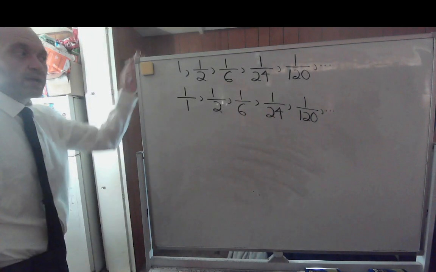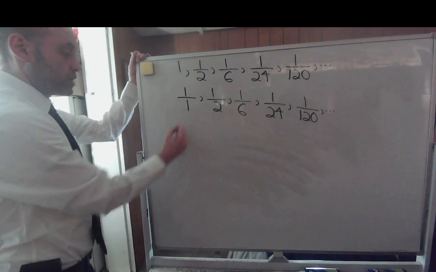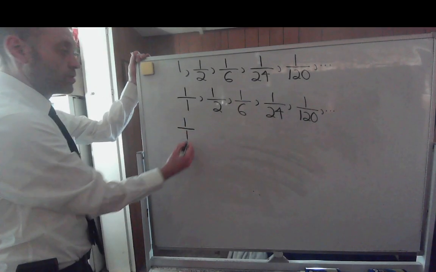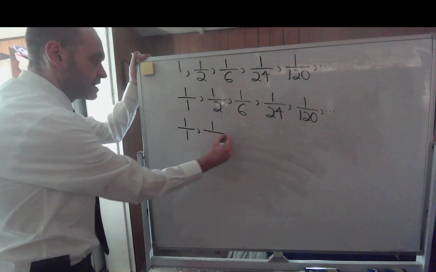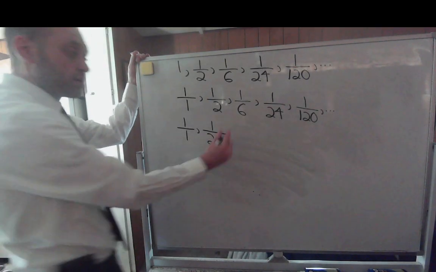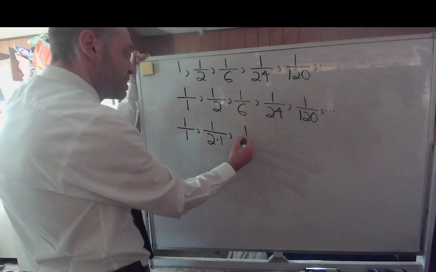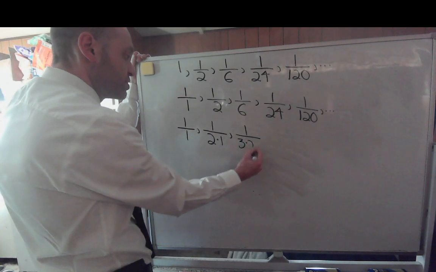There's an even better way to look at this here. Let's really break down the denominators. So I still have 1 over 1, right? Isn't it true that 1 over 2 is the exact same thing as 1 over 2 times 1? Now what about 1 over 6? Isn't 1 over 6 the same thing as 1 over 3 times 2 times 1?